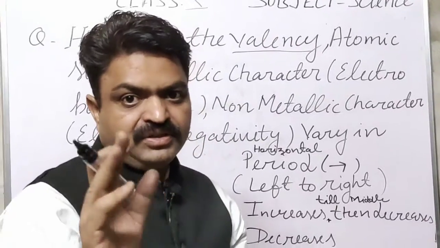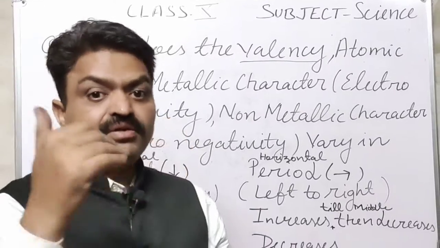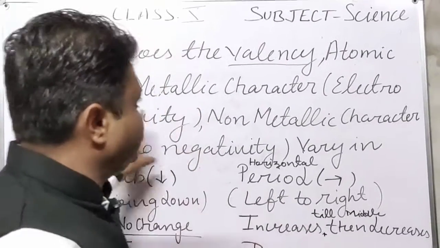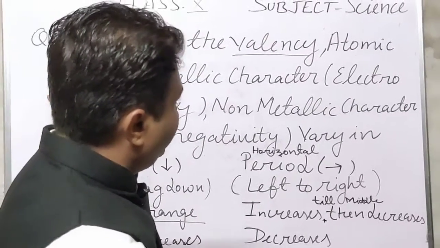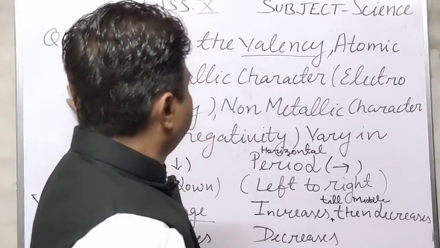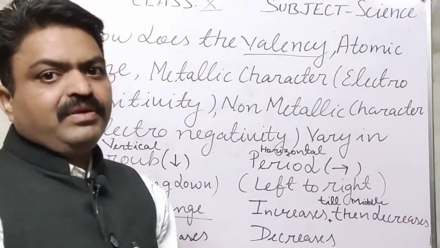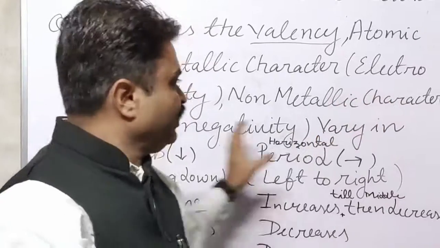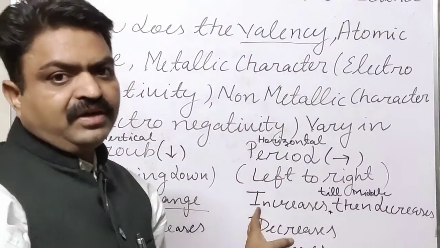That group, the 17th group, is known as the halogen group, in which fluorine, chlorine, bromine and iodine come. So this is about the trends of the modern periodic table, and with the help of it we can know about valency, atomic size, metallic character and non-metallic character. Metallic character is also known as electropositivity, and non-metallic character is also known as electronegativity.